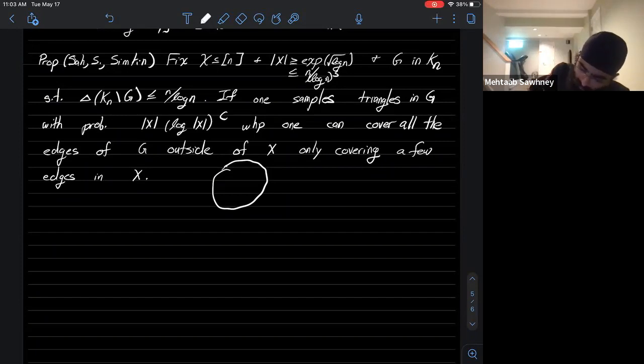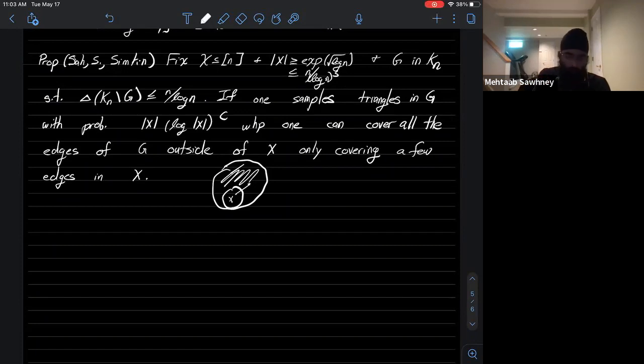So what this is saying is I can cover all the edges outside of X, and let's say an edge with one endpoint in X, using triangles of some density, X to the -1 times log X. So basically proportional to the smallest size. And I cover everything and then I leave X mostly uncovered.